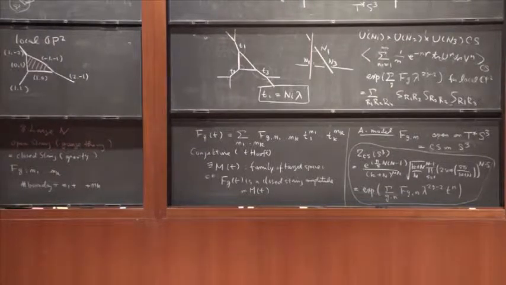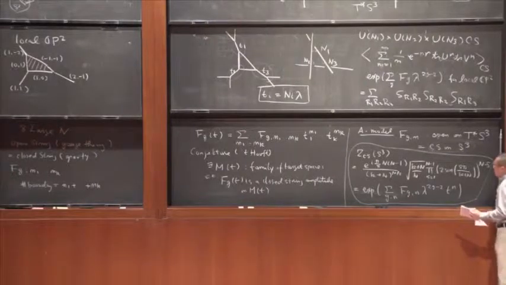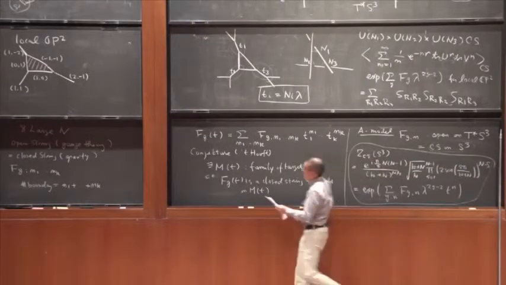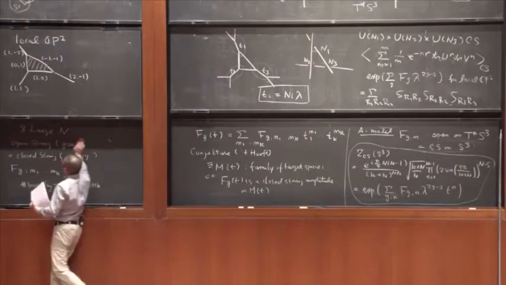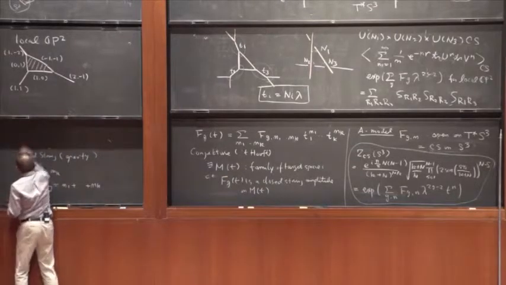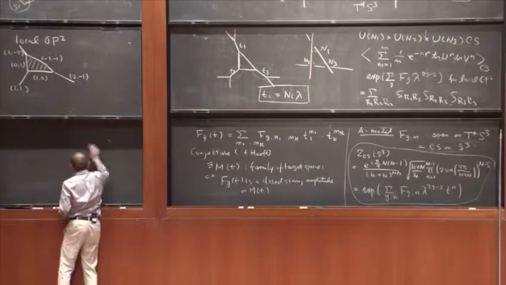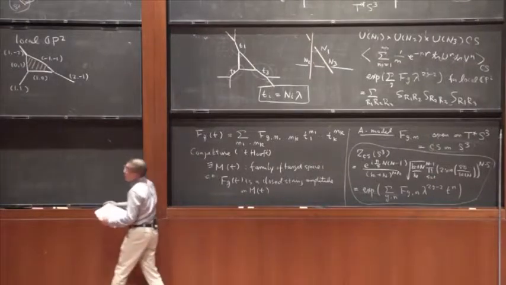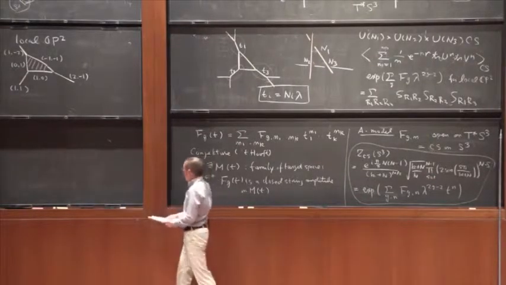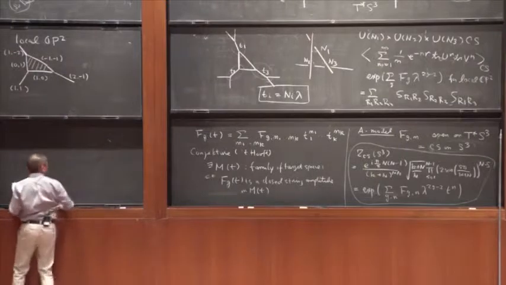In the case of the B model, as we discussed, the required boundary conditions dictate that the submanifold in question should be a holomorphic submanifold. So for example, in the case of the resolved conifold, the S2 is an example of a holomorphic submanifold.